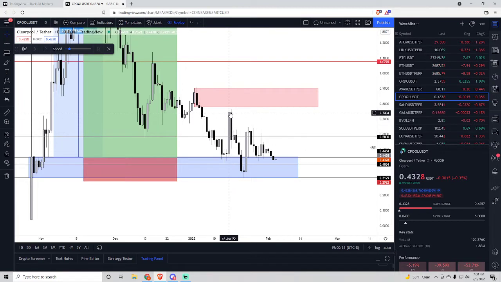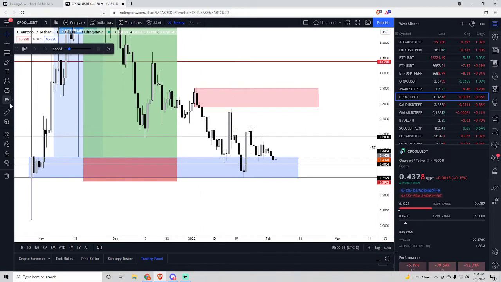It broke resistance, but it failed to turn it to support. So if it had turned it to support here and continued up, you could have added at 58 cents. But because it didn't, there's no point of adding. Now you're just increasing your average up, and when it comes back down, you're giving away profits. So only average up when a resistance has been turned to support.